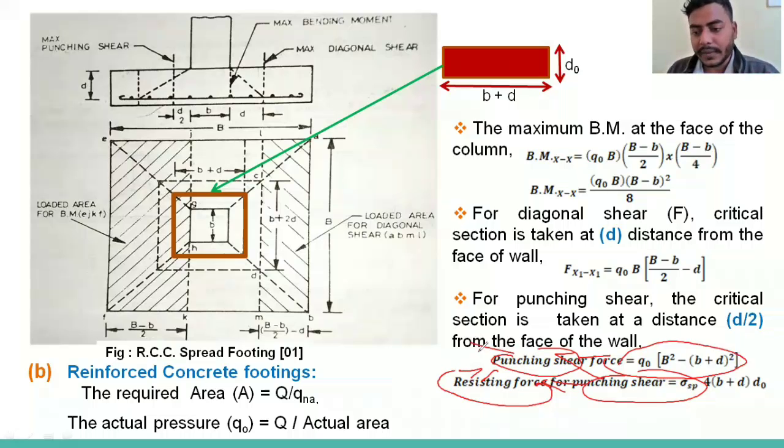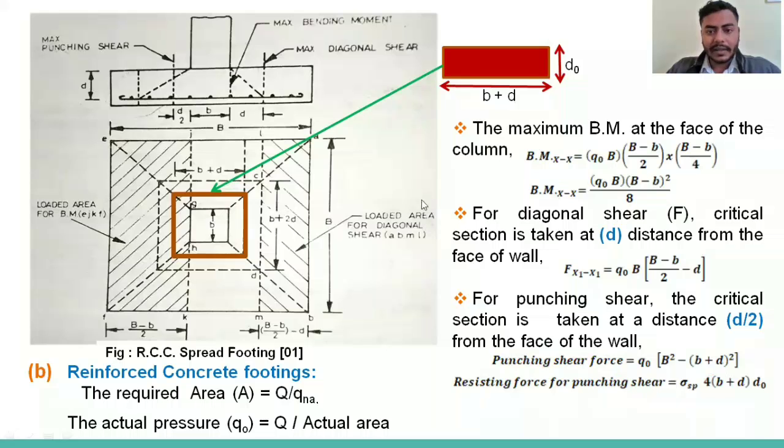If this is the case, then we can say this footing is safe in punching shear. Are you getting my point? If the resisting force is greater than or equal to the punching shear force acting on the footing, we can say this footing is safe in punching shear, right? So we can calculate by the equality sign.